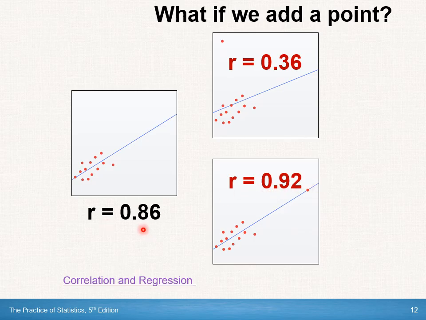I mean, it was already pretty high, but it's even stronger. This point up here does not. It weakens the linear relationship. This one strengthens it, and so it's increasing the R value. And again, click on this link here in the electronic PDF if you want to go to the little applet that allows you to play around with that if you want to investigate more.